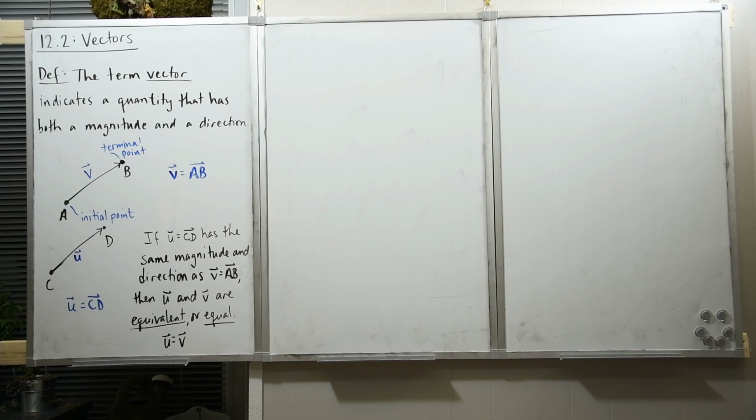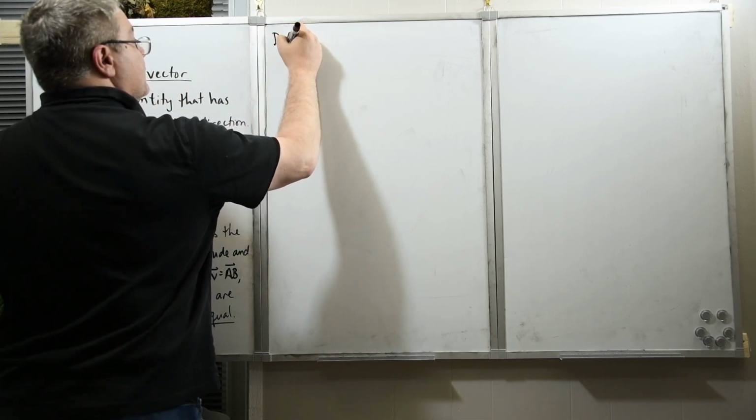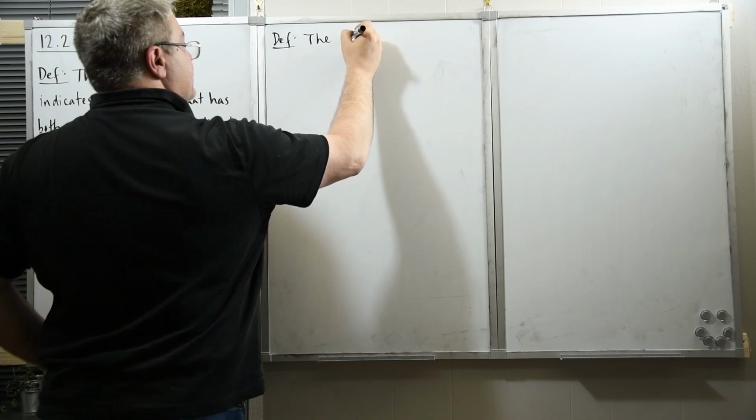Alright, so in this section we're really looking at an introduction to vectors. There's going to be a lot of terminology and therefore lots of definitions. So let's take a look at the following. This is the definition of the zero vector.